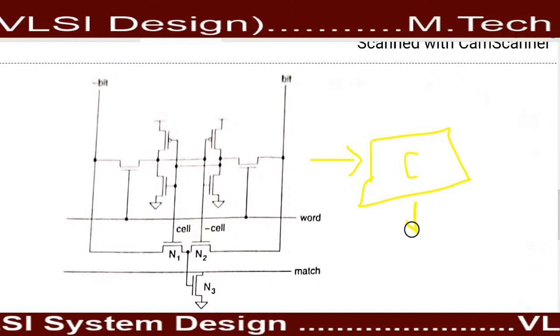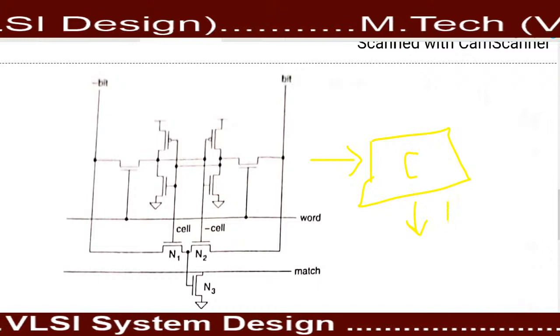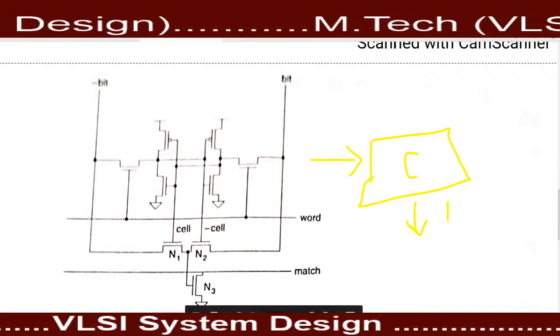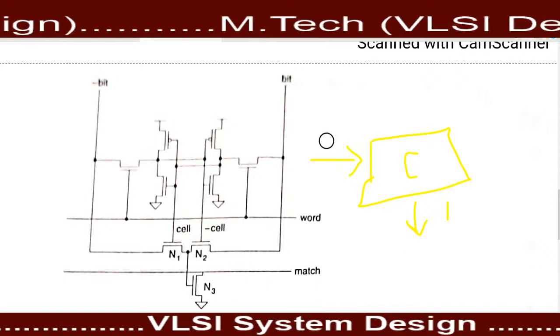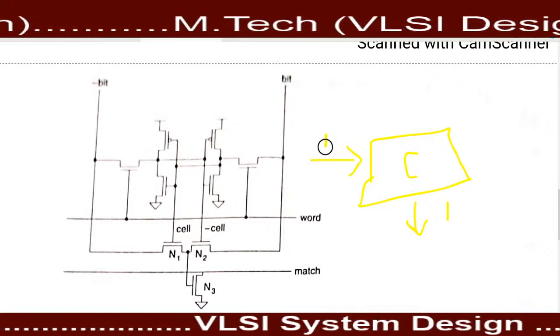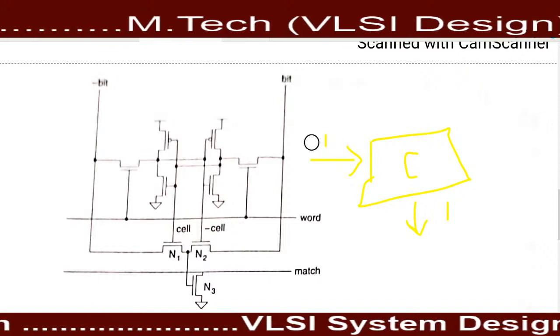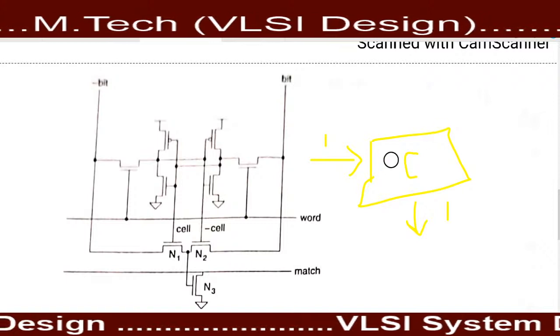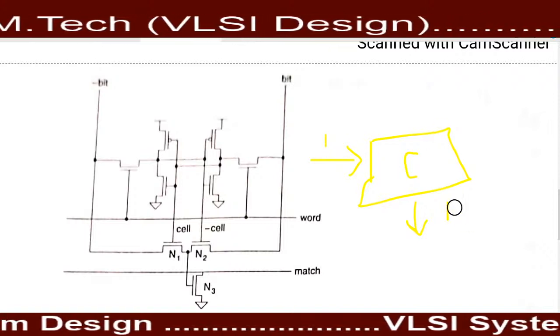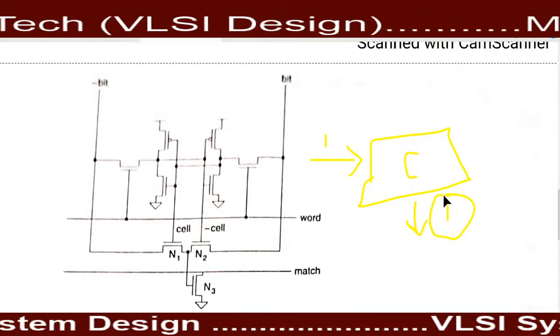So at that time its output signal, that is the match signal, will be 1. It means that I am comparing the input data of the CAM memory and the data that is stored in the memory, and according to it the output of the CAM memory is provided.